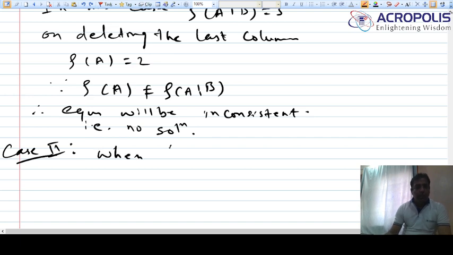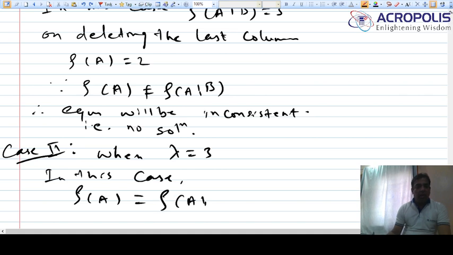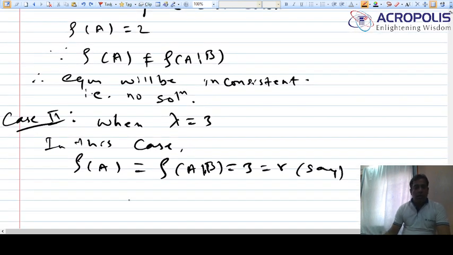So when lambda is not equal to 3, in this case rank of A is equal to rank of augmented is equal to 3. Fine. And we already know the number of unknowns is fixed, 3.